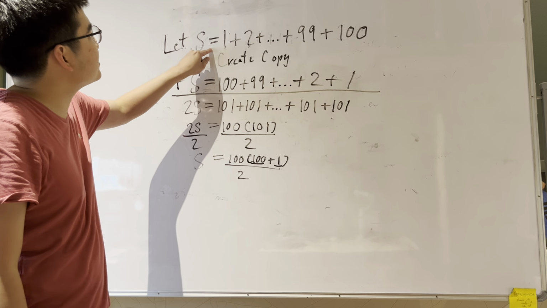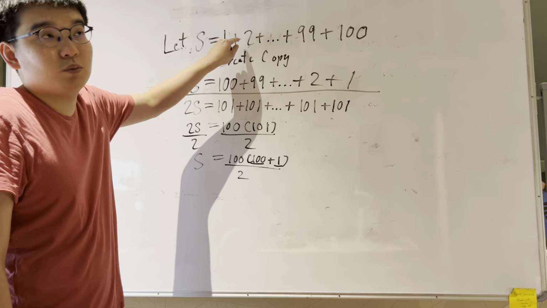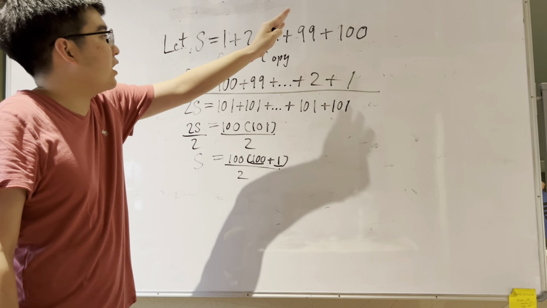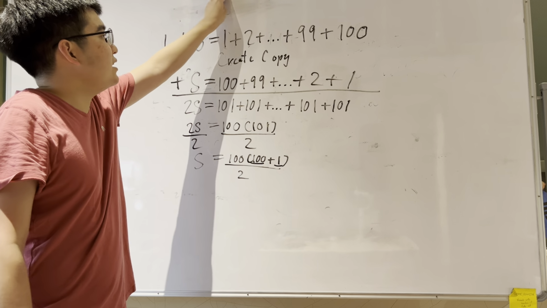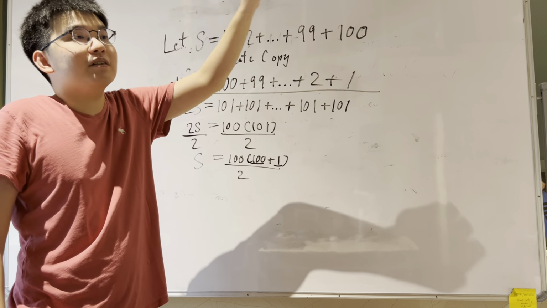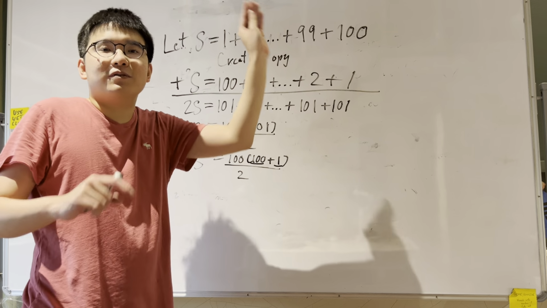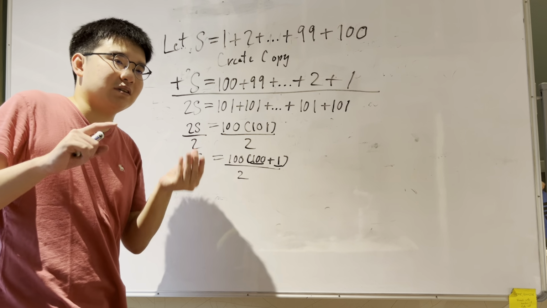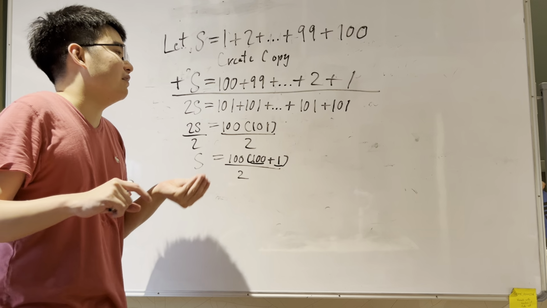This S, which is adding the numbers from 1 to 100, cannot just be generalized for 100. You could do it from 1 up to any consecutive integer n with a common difference of 1. That's what it means to be a consecutive integer when we're talking about the theory of arithmetic sequences.